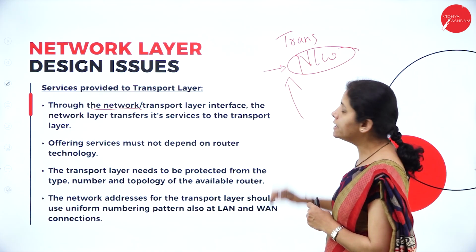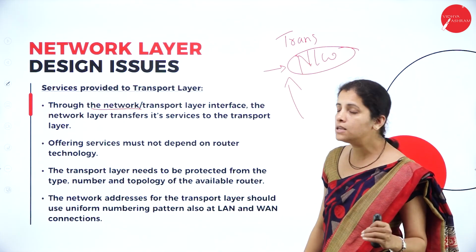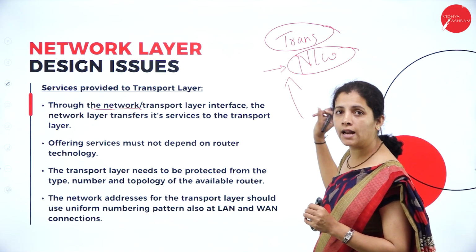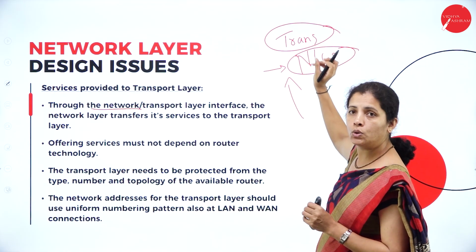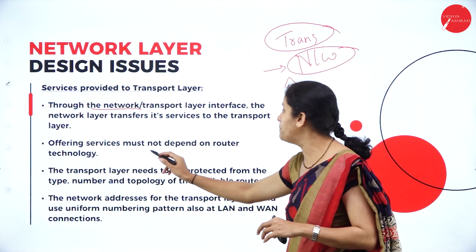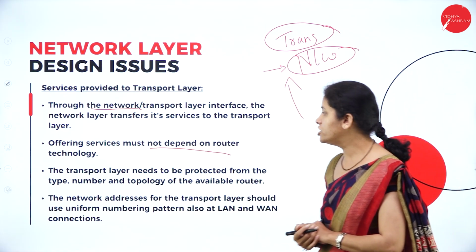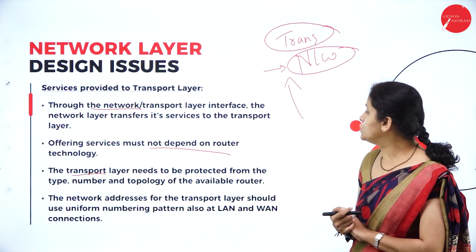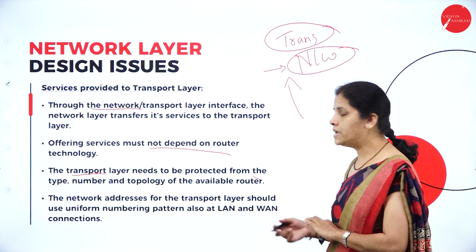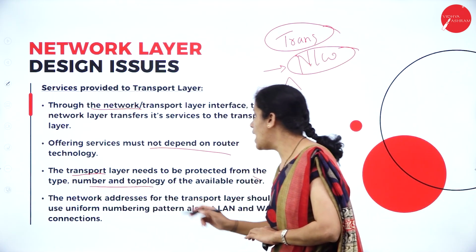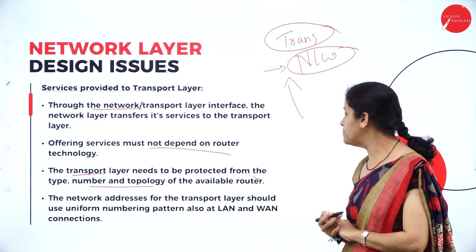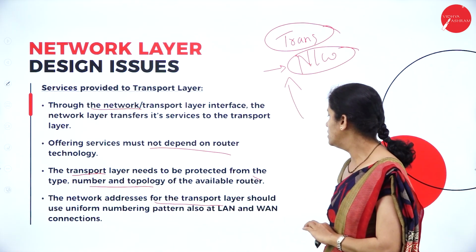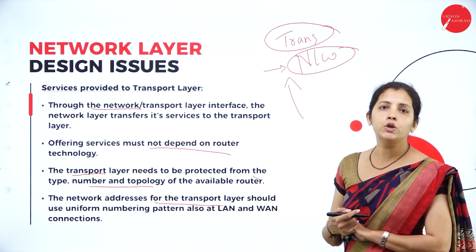Whatever service it transfers from the network layer to the transport layer does not depend on the routing technology or router technology. The transport layer needs to be protected from the number, type and topology of the available routers, and the network address for the transport layer should be uniform.